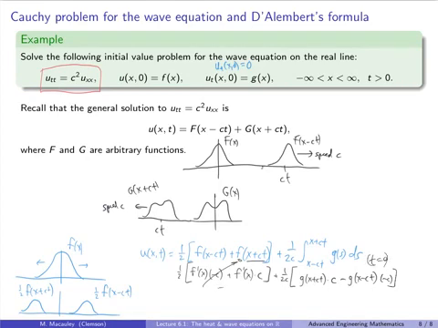So these c's are going to cancel, and at t equals 0 this becomes 2g of x divided by 2, and this indeed equals 0 plus 0 plus g of x.